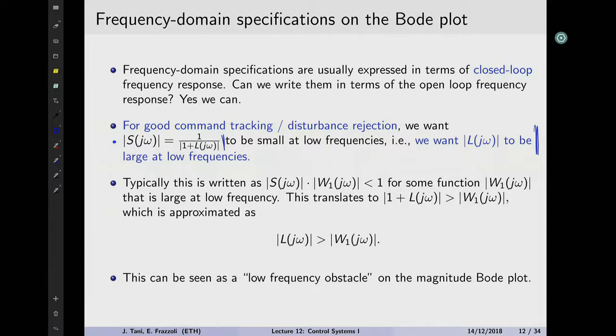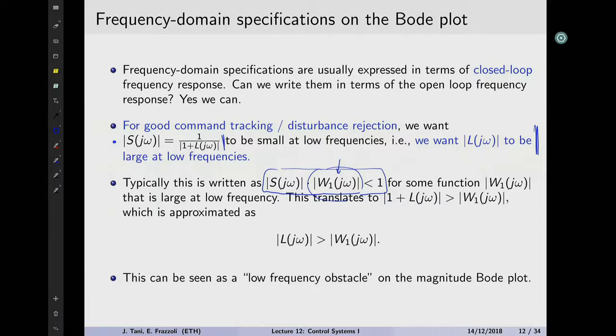This is something that can be written directly in this form. You can make it even more complicated by defining what is called the low frequency obstacle, or a weighting function, W1. Typically S being small is written in the form S times W1 is less than 1, and that W1 is user defined and is a specification criterion.